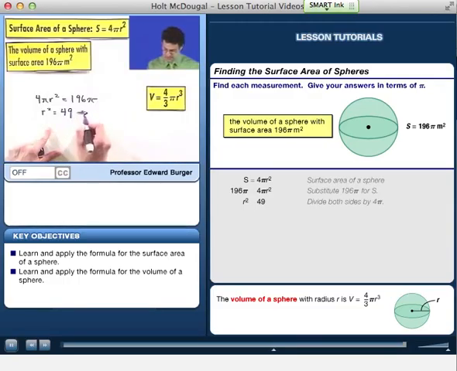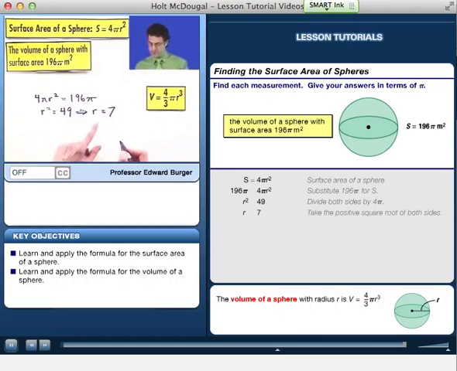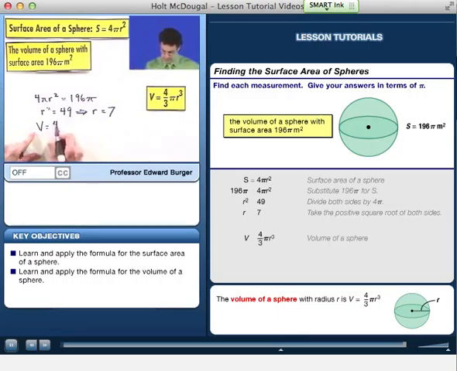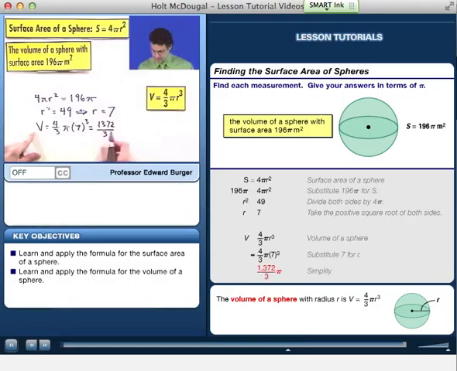So in this context, I know that r has to be 7. Okay, great. Now, if r is 7, I can plug it into the volume formula and see that the volume is going to be 4/3 pi times 7 cubed, which works out to be 1,372 over 3 pi. And what are my units? My units are meters, but it's volume, meters cubed.